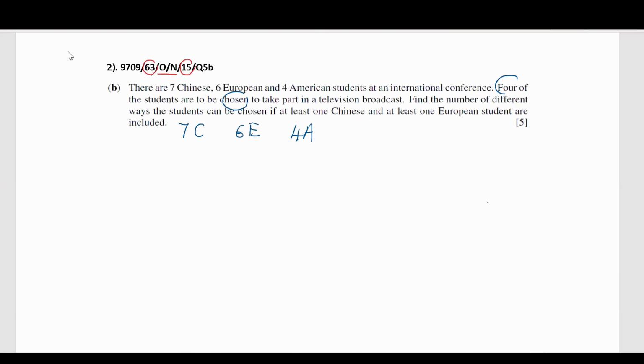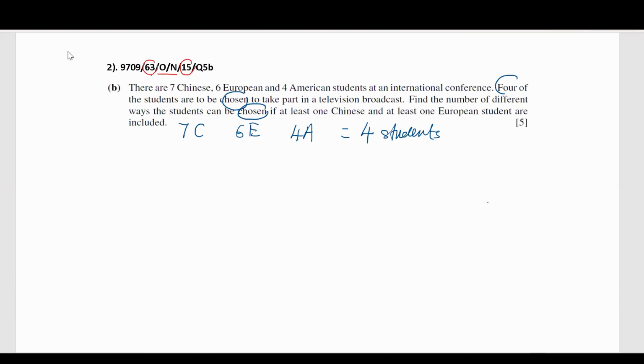See the keyword chosen, and then we need to choose a group of 4 students to take part in a television broadcast. Find the number of different ways the students can be chosen.